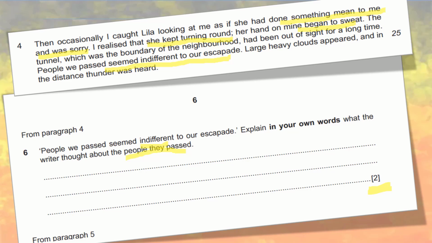Definitely the people crossing them didn't care about where the girls are going. And another thing was on the writer's mind, that they should have been at school but they are not at school. This passage also reveals some secret plan with Leela, so that should be kept in mind.